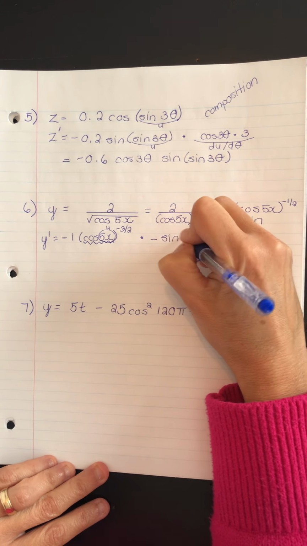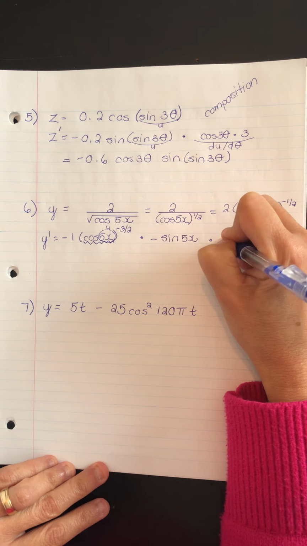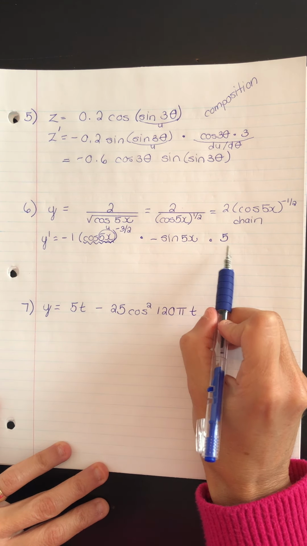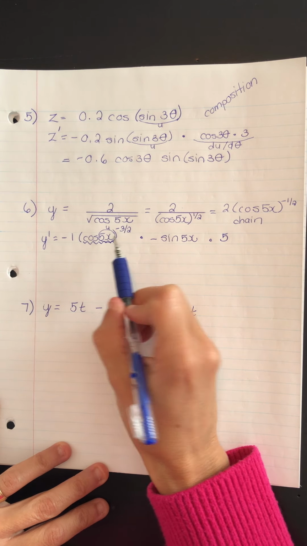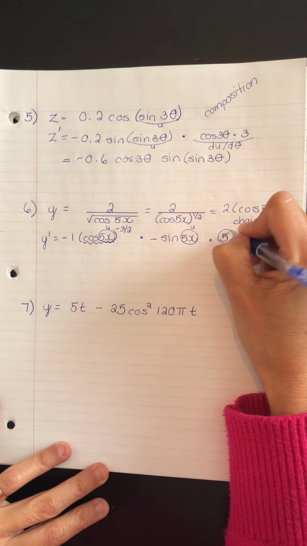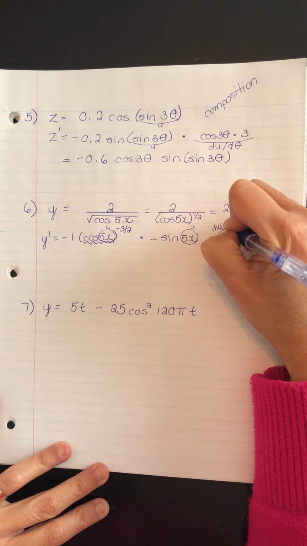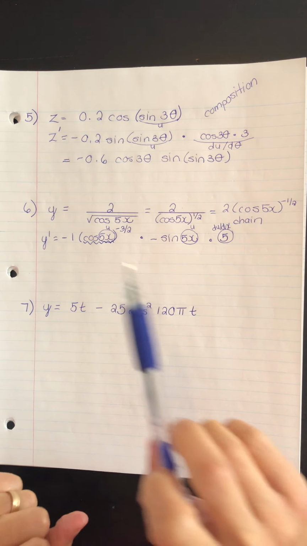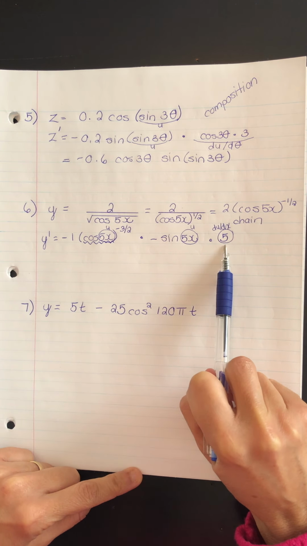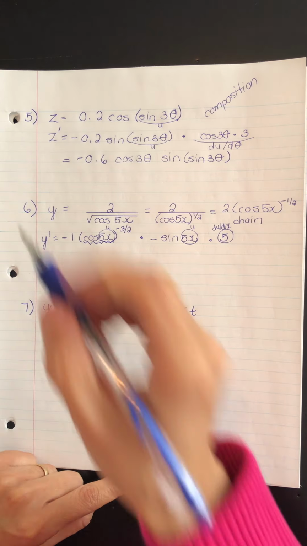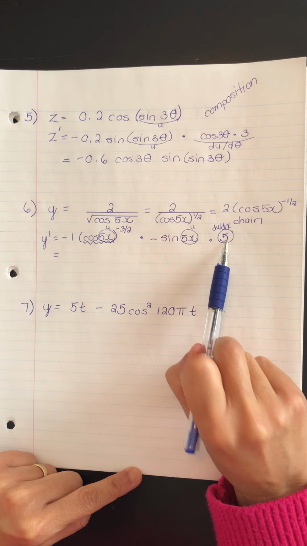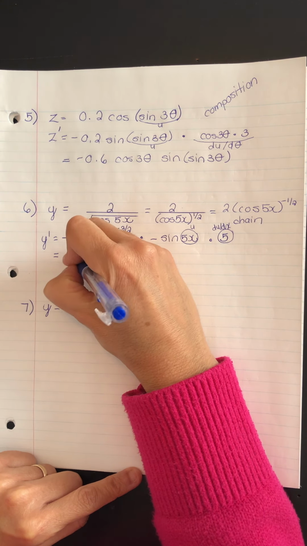So all of this is the derivative of cos 5x. This is the little u, and this is du by dx. Okay? So the derivative of cos u is negative sine u, times du by dx. Okay, preparing our final answer, we have -1 times -1 times 5, so that's positive 5.